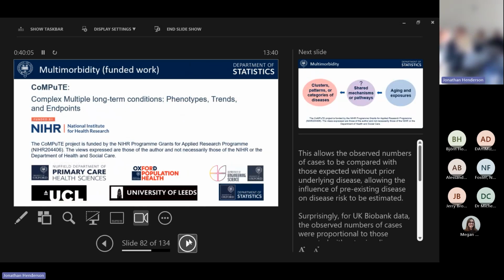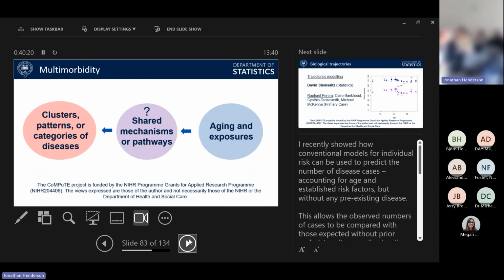So that brings me on briefly to what I'm doing now, which is working on the Compute project, which is funded by NIHR, which takes another approach to studying multimorbidity. I think the underlying idea, which several groups and people are starting to think along these lines now, is a situation like this where you've got aging and exposures on the one hand, acting through some sort of shared mechanisms or pathways, leading to various clusters or patterns of disease.